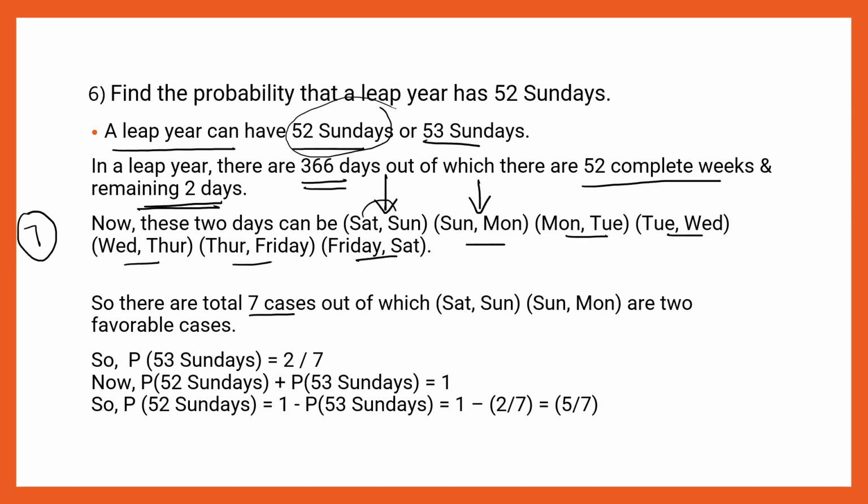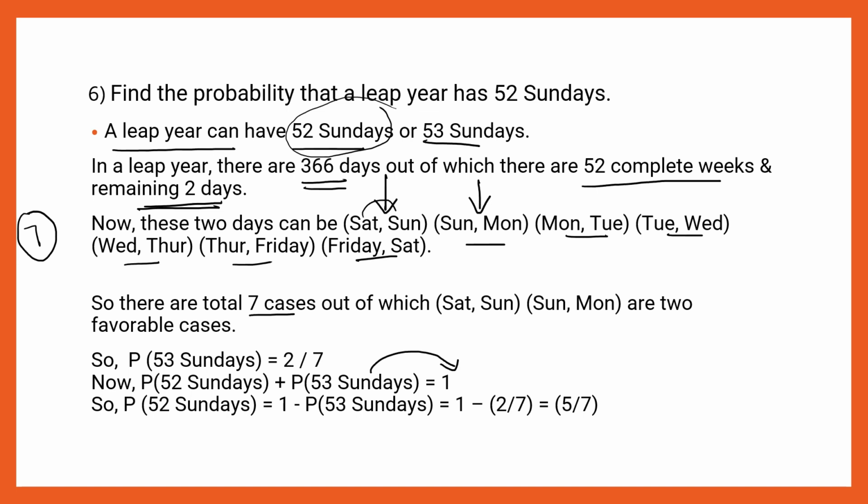Now, we have seen the axioms of probability. The probability of any two complementary events adds up to 1. Probability of 52 Sundays plus probability of 53 Sundays will be equal to 1. We have to find the probability of 52 Sundays, so I am taking the other term to the other side.